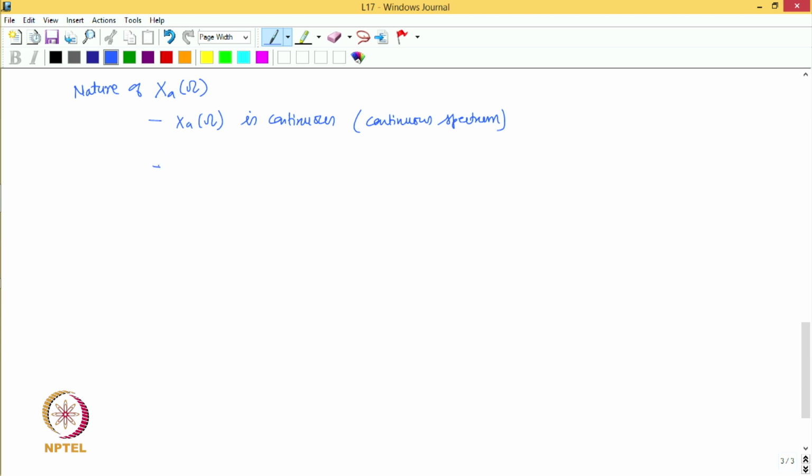Another observation is that if you look at x a of omega plus 2 pi r, where r is an integer, so if you increase the frequency by an amount 2 pi r, with r as an integer, then this is nothing but x a omega itself, because the unit of omega, the uppercase omega, is radian, and if you increase this by 2 pi radian, there should not be any change in the value of x a, and therefore we see that x a is periodic, and the periodicity is 2 pi.